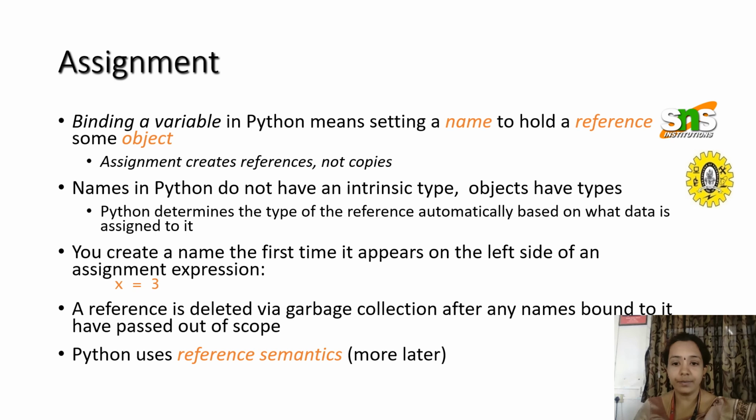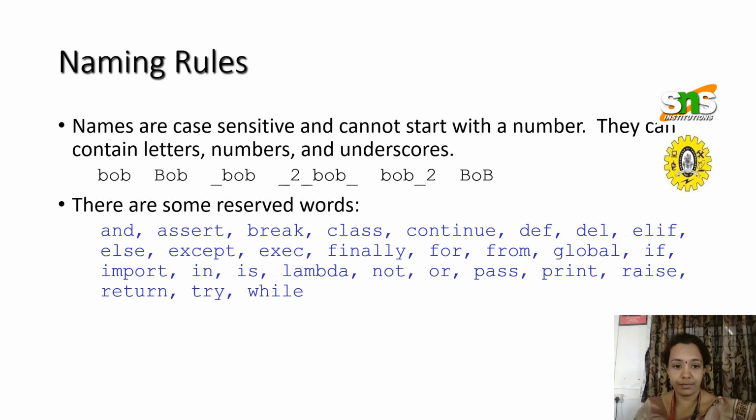The next one is assignment. Binding a variable in Python means setting a name to hold a reference object. Usually names are variable names. The variable names are case sensitive. Value is nothing but the data which I want to store. For storage of data, I need variables.